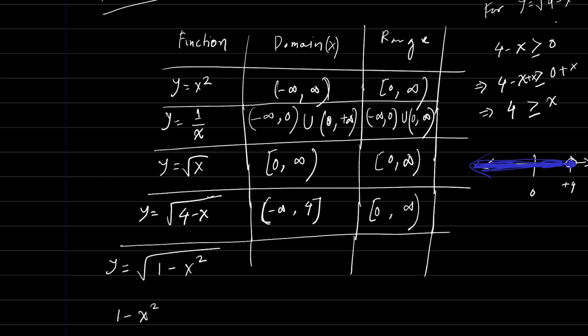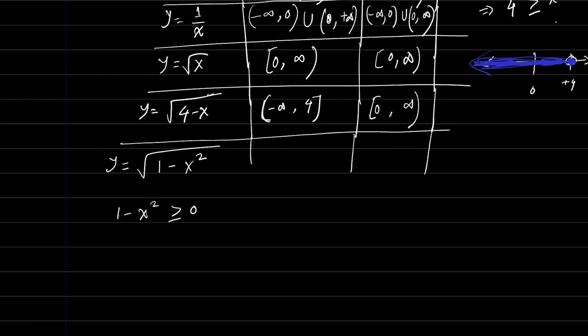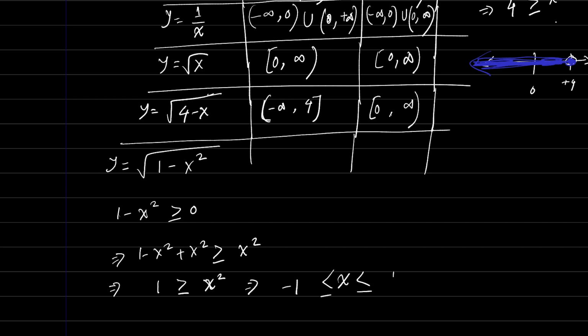So 1 minus x square has to be greater than or equal to 0, and you can see that if we add x square to both sides, 1 minus x square plus x square, x square has to be less than or equal to 1. x has to be from minus 1 to plus 1, and then we can say that x square is always smaller than or equal to 1. So this is our domain.